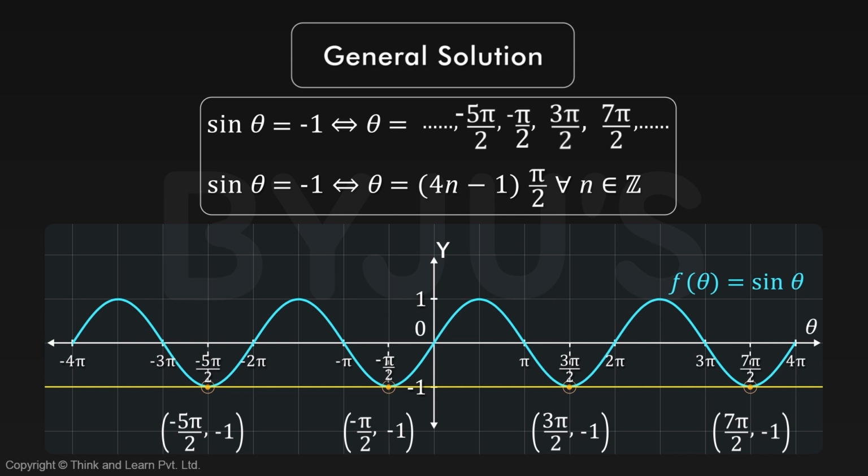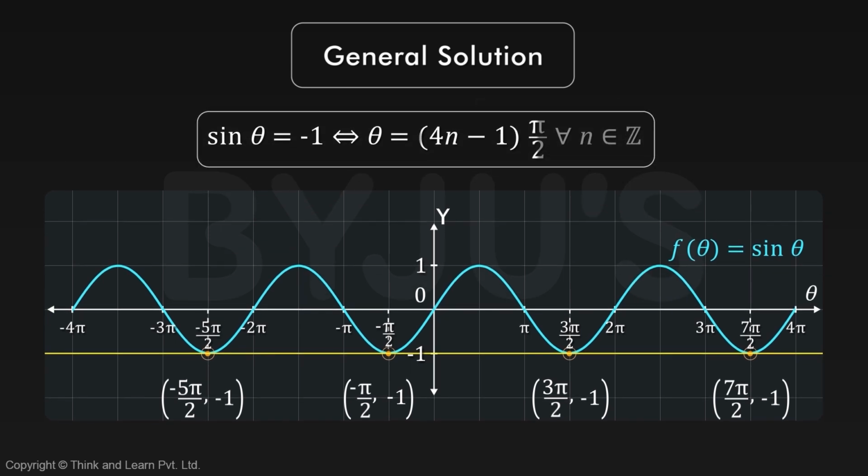Agreed? Thus, the general solution of this equation would be 4n minus 1 times pi by 2, where n belongs to the set of all integers. Okay, done with sine. Let us now jump on to cos and play around with some cosine equations.